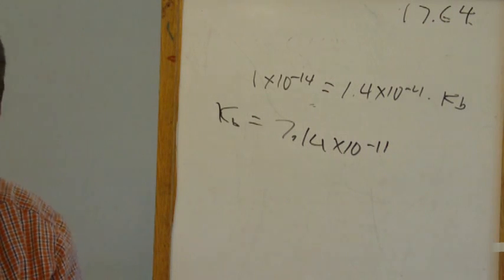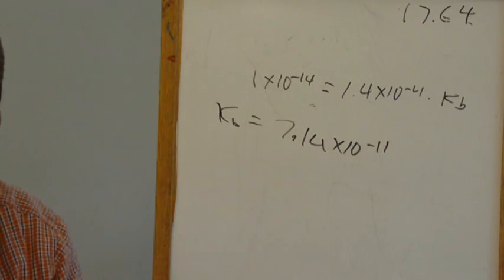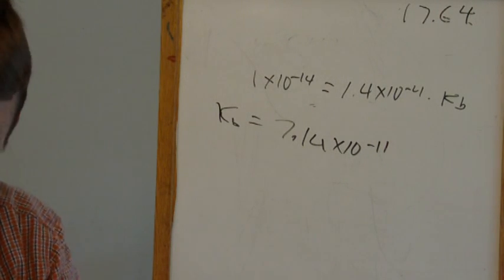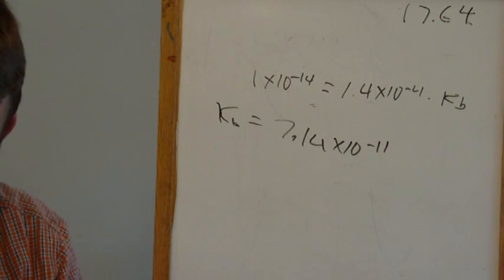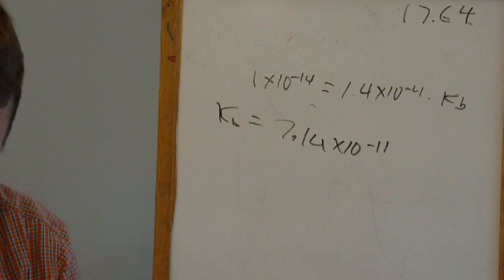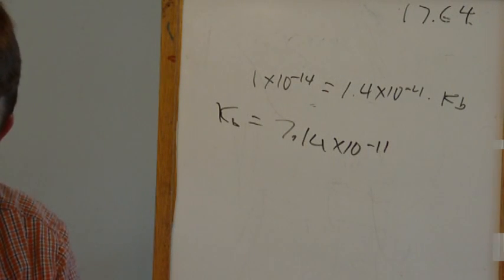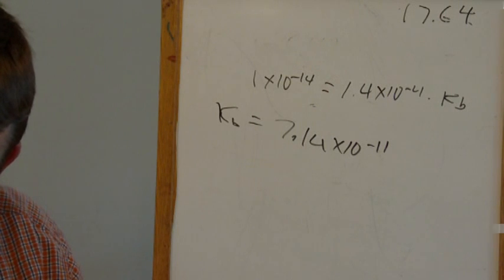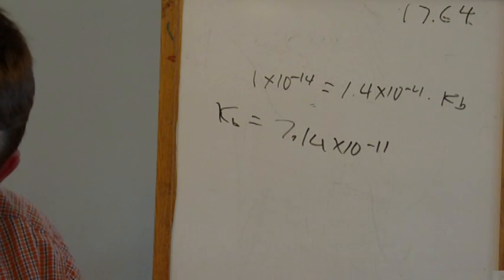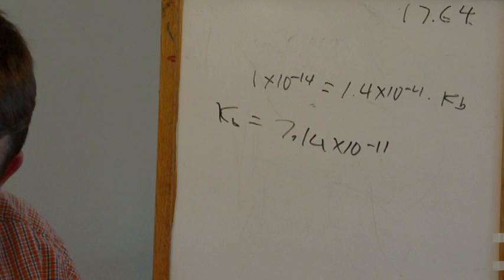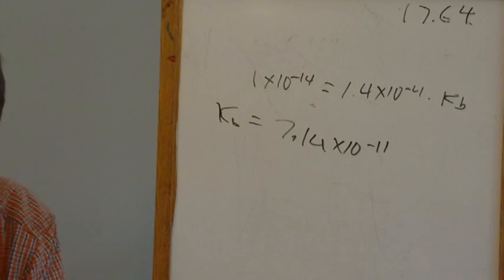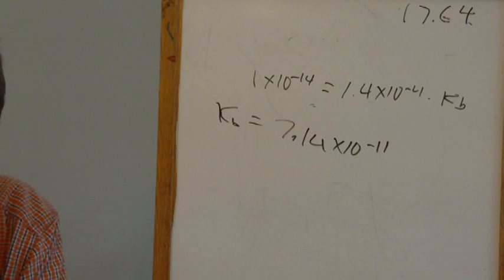Alright, there should be a table of common Kas back here. Okay, so here on page 781, we have some common Kas. There's acetic acid, there's the formula, and there's the Ka.